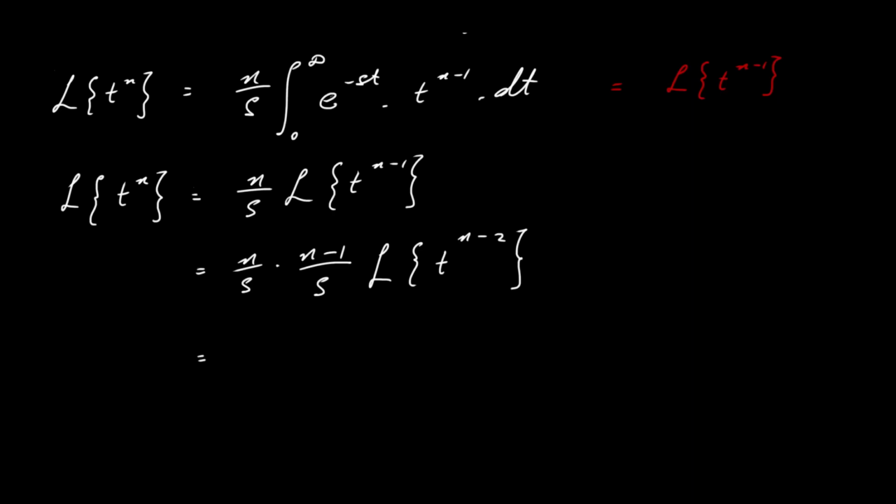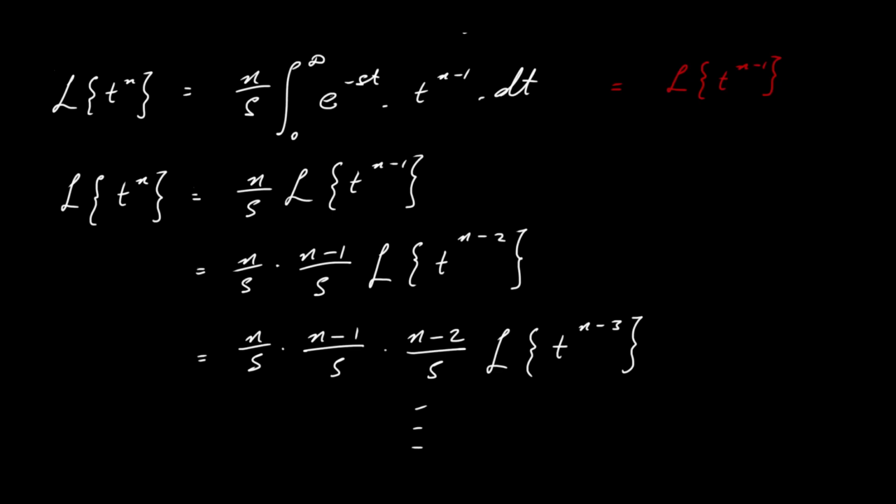And then if I was to continue on this pattern, I would get n over s times n minus 1 over s times n minus 2 over s times the Laplace transform of t to the power of n minus 3. And so on, and so on. So I won't actually work this out. You can try it yourselves, but you will end up with this here. And if you work this one out, you'll end up with this here, and so on.